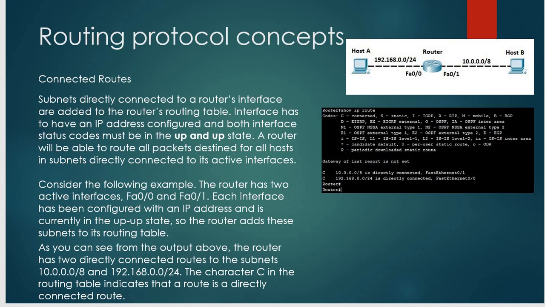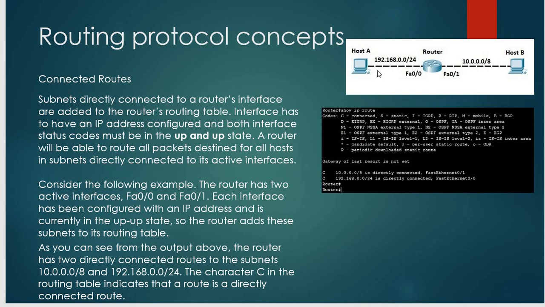And here we have the IP address of this subnetwork, 192.168.0.0/24, and the next one is 10.0.0.0/8, the IP address of the host B subnet.